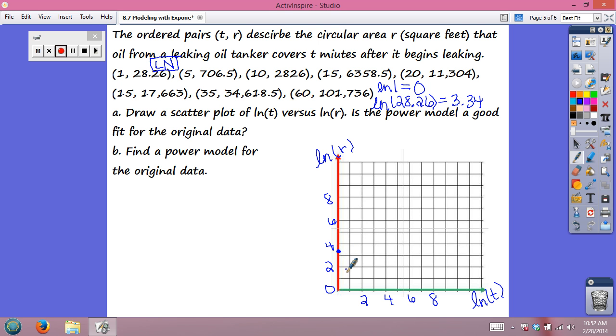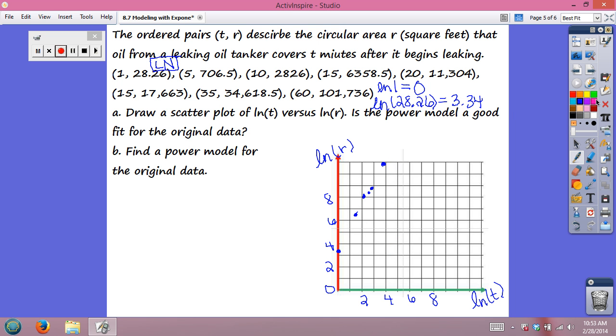And then if we do our second point, we have 1.16 and 6.6, which is right about up here. The next point is going to be a little bit after the 2, but way up above the 8. And we have the next 3 points in that same area. And if we plot 4, it's going to be close to 10.